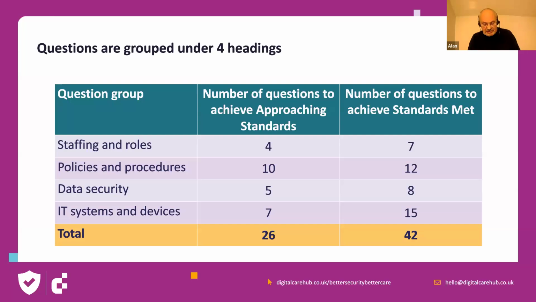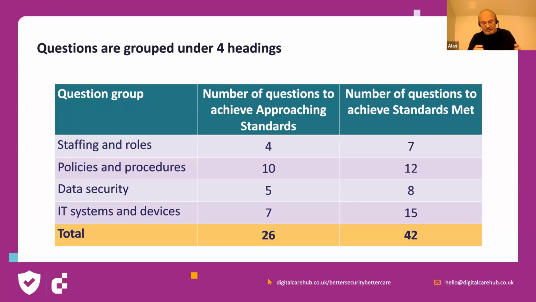The policies and procedures section asks about being registered with the Information Commissioner's Office, having data protection policies in place, having a retention schedule for your personal and confidential information, privacy notices, etc., and what you do with data once you're no longer required to retain it.